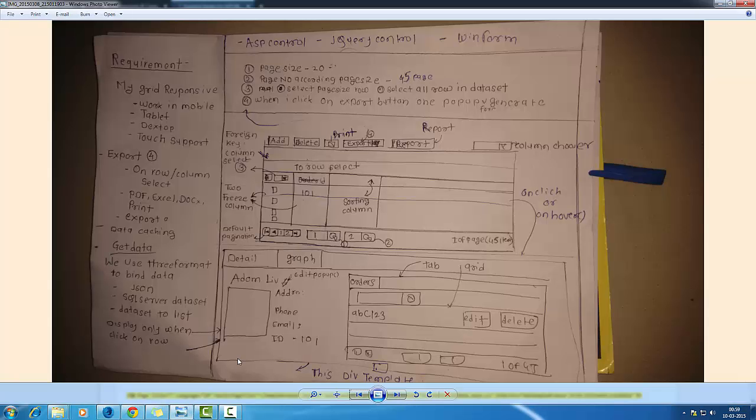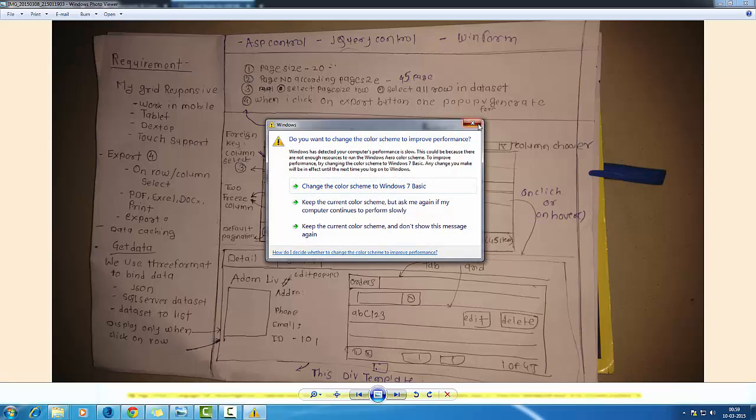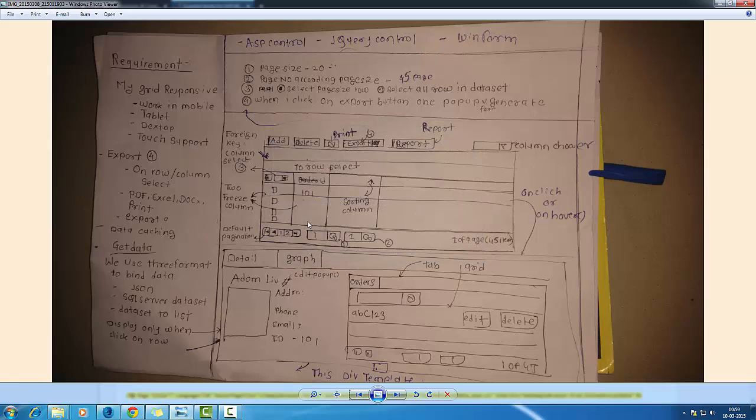Okay, I also forgot something. My main point is that when I first load the grid view, it works on the server side. But whatever event occurs afterwards, when I click on edit, no event should go to the server side.